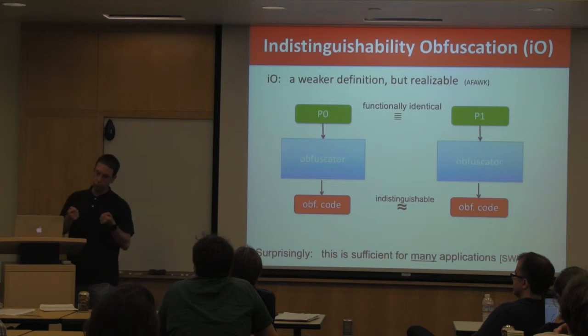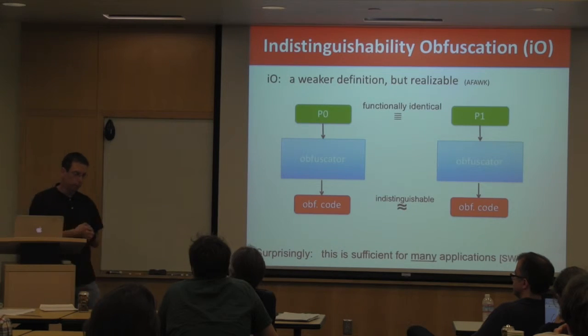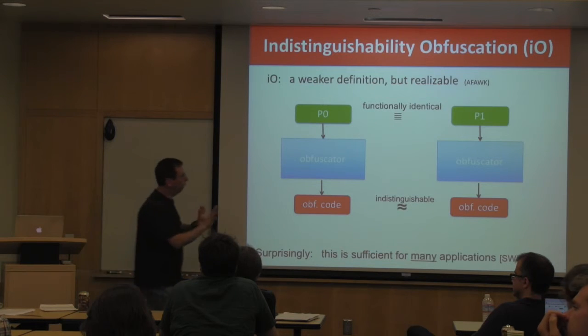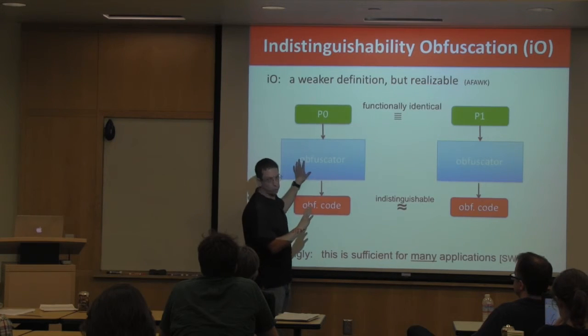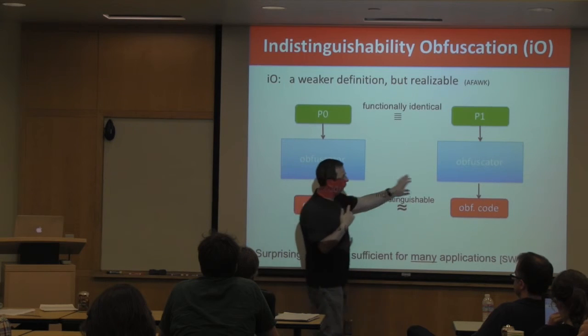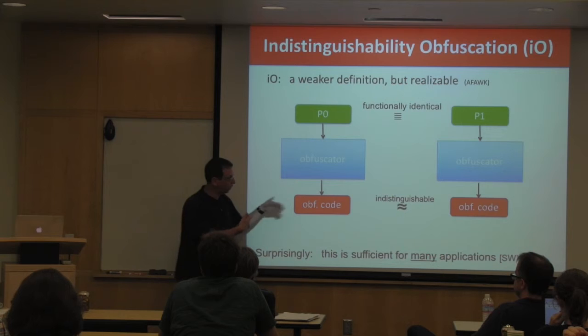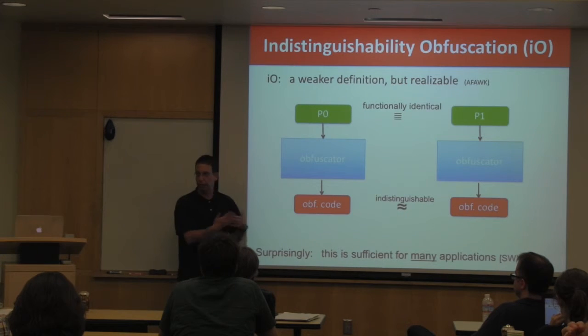Typically, they have two keys and can choose to decrypt using a left key or a right key. The two keys do the same thing, one program decrypts using something on the left, and one using something on the right. Because of the obfuscation, you can't tell which key was used to decrypt. That's how these things are used.